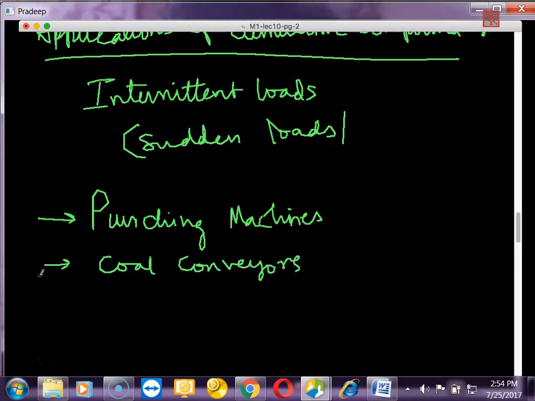You want to transport very heavy coal from one place to another place. You have a conveyor belt. So for the functioning of that, anyway, I think we'll not go further in this.